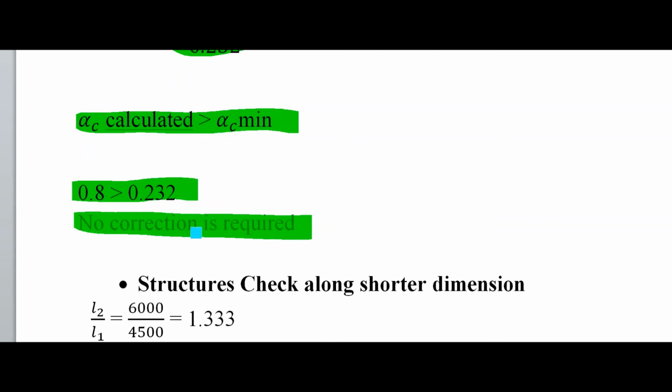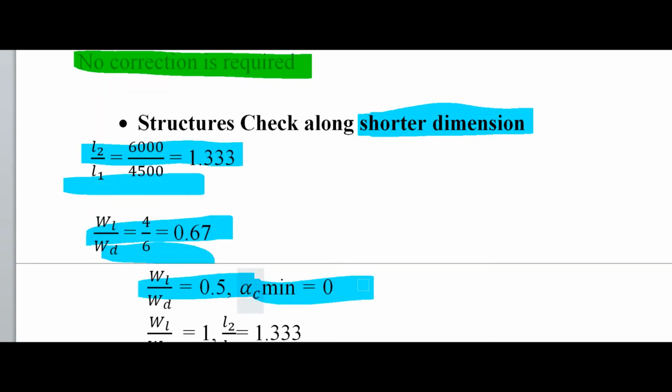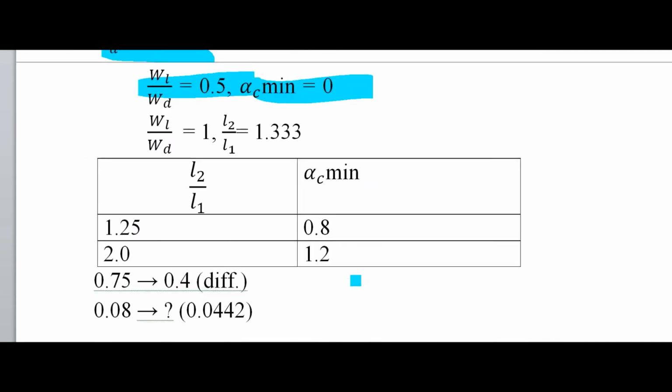Now we are going for the shorter dimension. We have to check for the shorter dimension. Same formula, same table, same equation and same method. Look here. L1 L2 ratio 0.25 to 2, alpha C minimum 0.8.